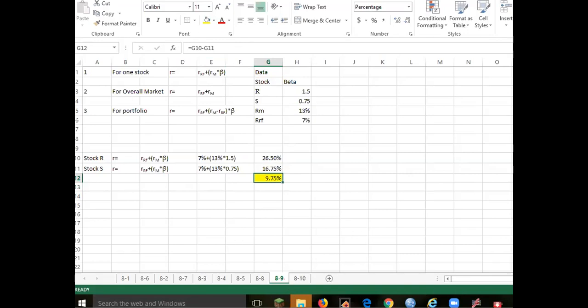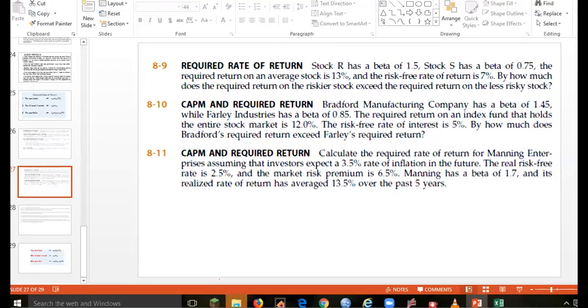So the last problem for today's class is A-10. Bradford Manufacturing Company has a beta of 1.45, whereas Farley Industry has a beta of 0.85. The required return on an index fund that holds the entire stock market is 12%. That is, this is market risk premium. The risk-free rate of interest is 5%. By how much does Bradford's required return exceed Farley's required return?